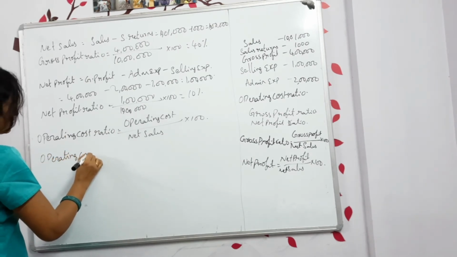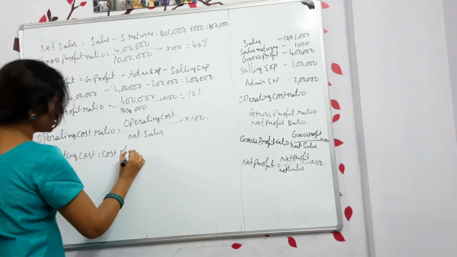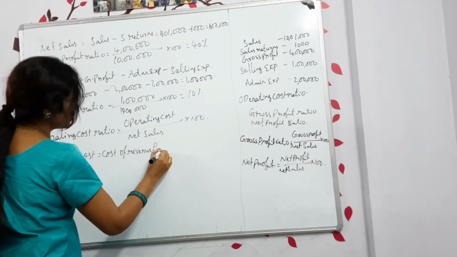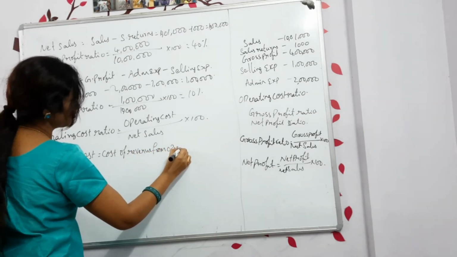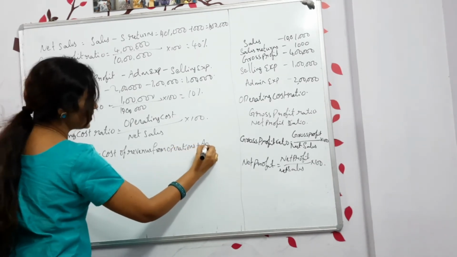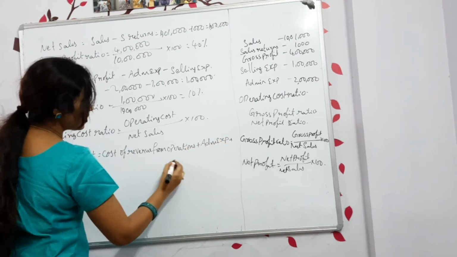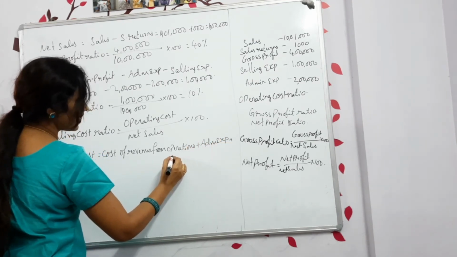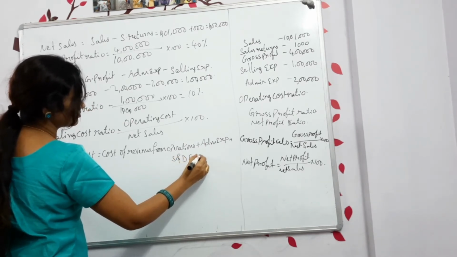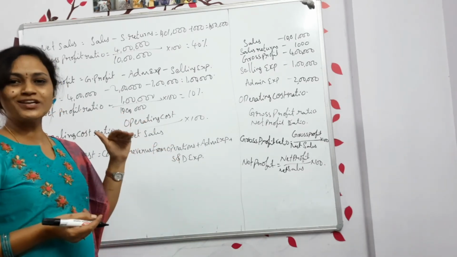Operating cost is equal to cost of revenue from operations plus if you have any administrative expenses, any selling and distribution expenses, all together is called as operating cost.